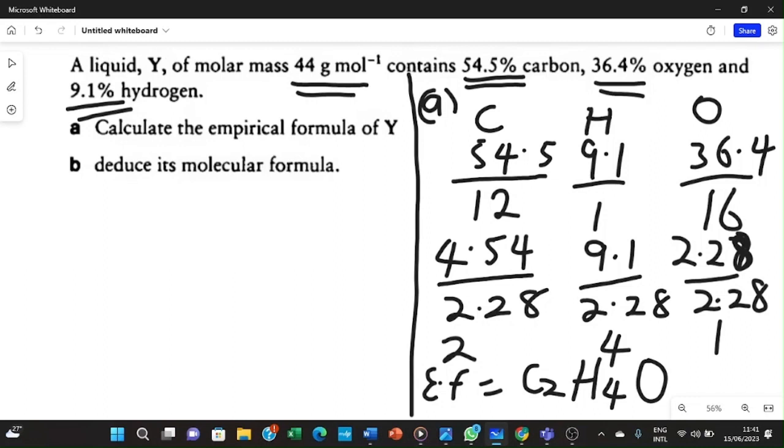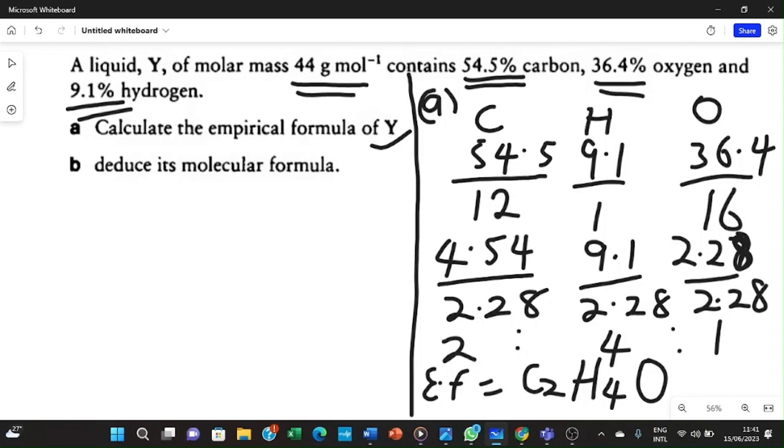So we've gotten the empirical formula, which shows the simplest whole number ratio of each of the elements present. You can see there is no common factor here; the common factor is just 1. So this is the simplest form. Now let's go to B, which is the molecular formula.